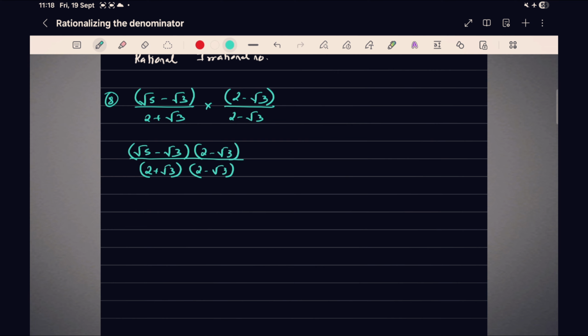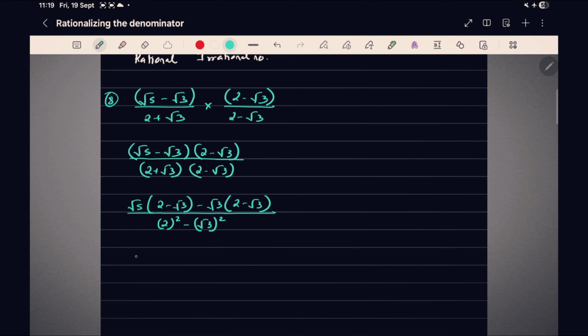In the denominator we have successfully created a plus b into a minus b. So now in the numerator, bracket multiplication: root 5 into 2 minus root 3 minus root 3 into 2 minus root 3, upon the denominator, which will become 2 square minus root 3 square.